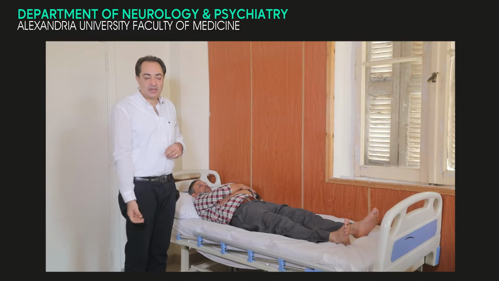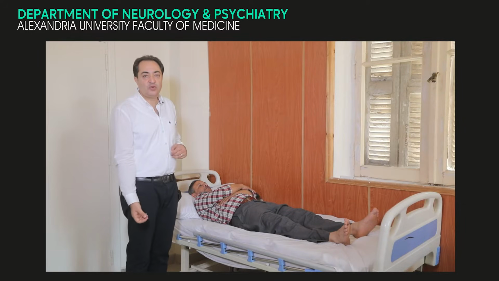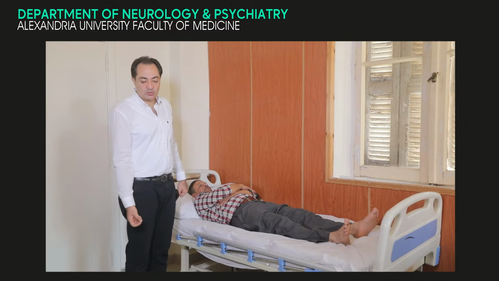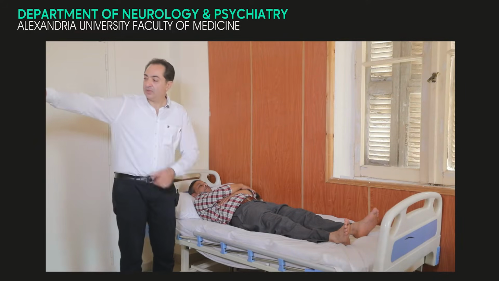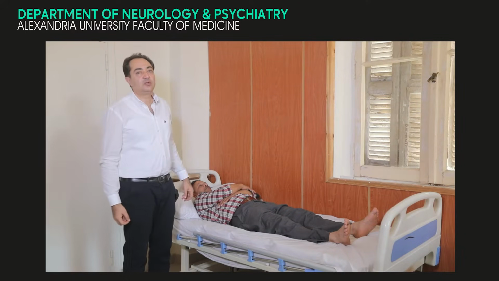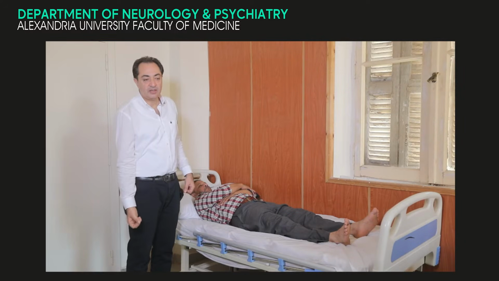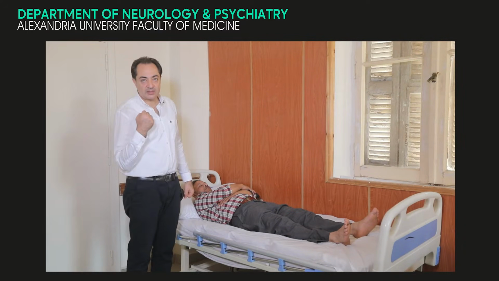Grade 3 cannot move against resistance, but can move only against gravity. This is grade 3. Grade 2, when you ask the patient to move against gravity, he cannot. But if you eliminate gravity, he can move his arm. So grade 2 is with elimination of gravity.